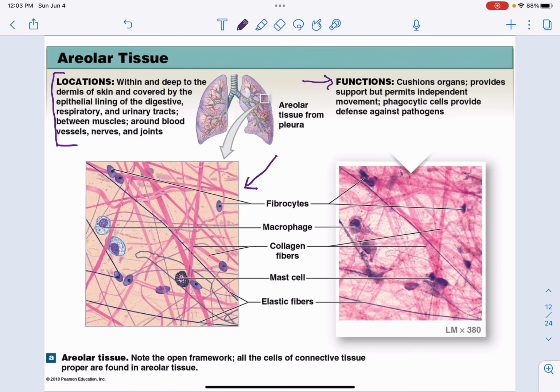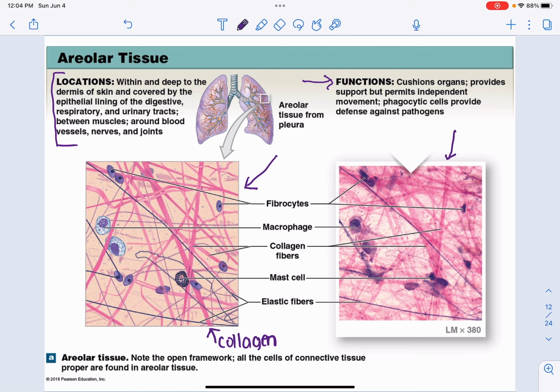You can see that there's a lot of space here, but there are a lot of different fibers here. All right, so let me start by pointing out that the thicker fibers right here, those are the collagen fibers. Okay, you can see this is a histological image, so this is what you would see under the microscope.